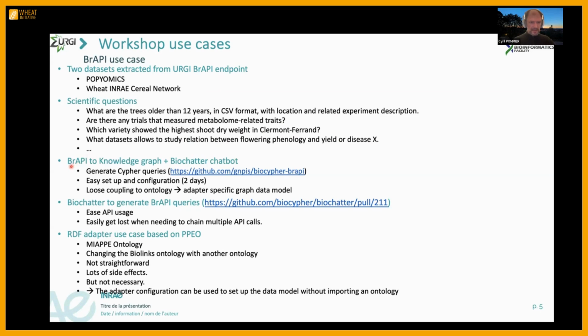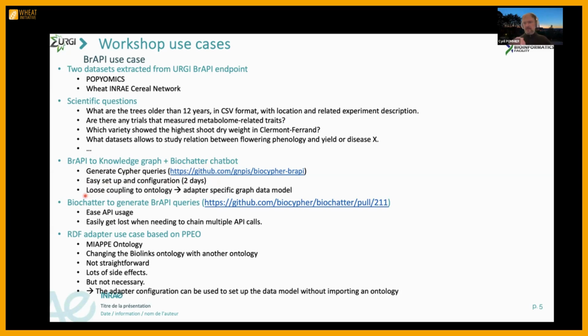So we tried to generate, in fact, we succeeded in generating a knowledge graph using BioCypher, and plugged BioChatter on top of it. It was quite easy to set up and to configure. It took me a couple of days, and I was quite rusty in my Python, so that's encouraging. And there is also loose coupling to ontology.